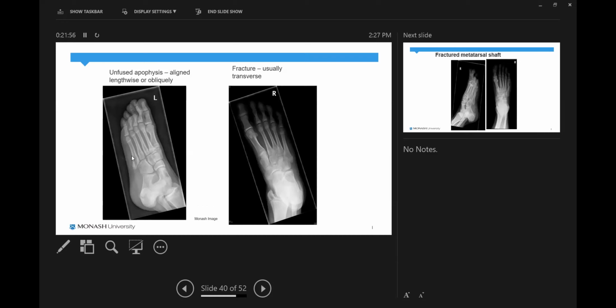If it's an apophysis, the line is normally either oblique or lengthwise. So it's the direction of the line that's quite important in identifying whether this is just an unfused apophysis in the pediatric patient or whether it is a true fracture.